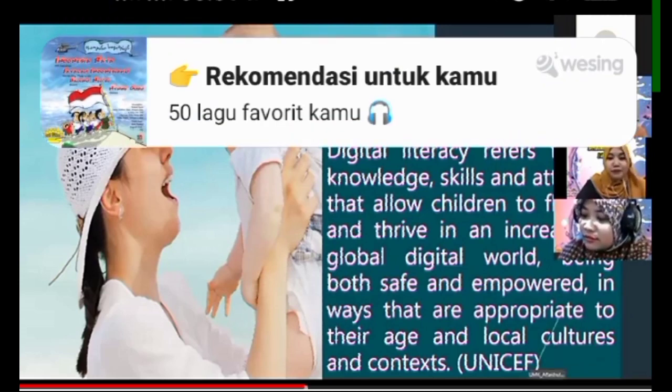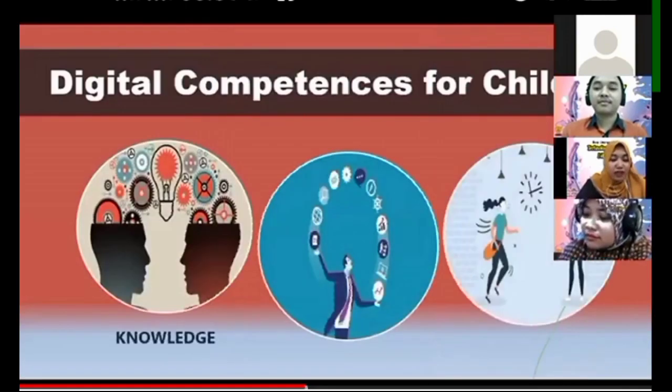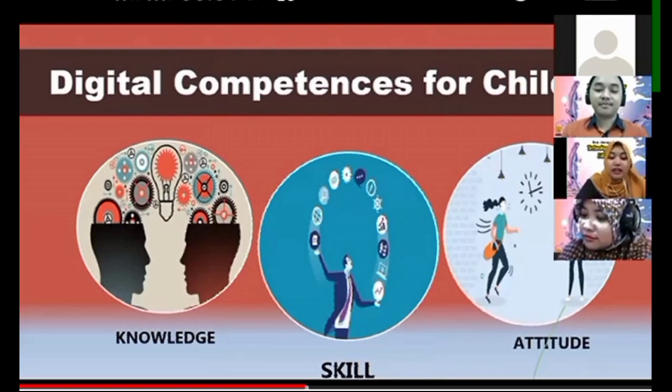Okay. Next, please. Talking about digital competencies for children, the concept of competence is understood as a combination of three dimensions: knowledge, skills, and attitudes, including a distinction between these three dimensions that is particularly important for children. Why is this important for children?